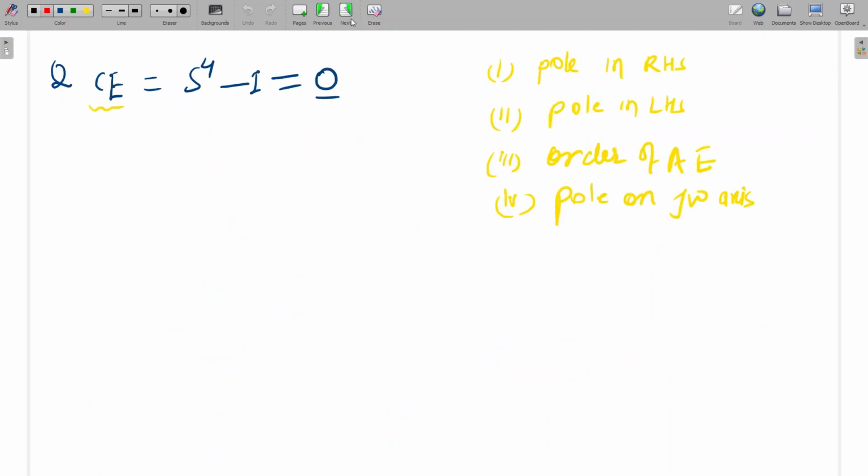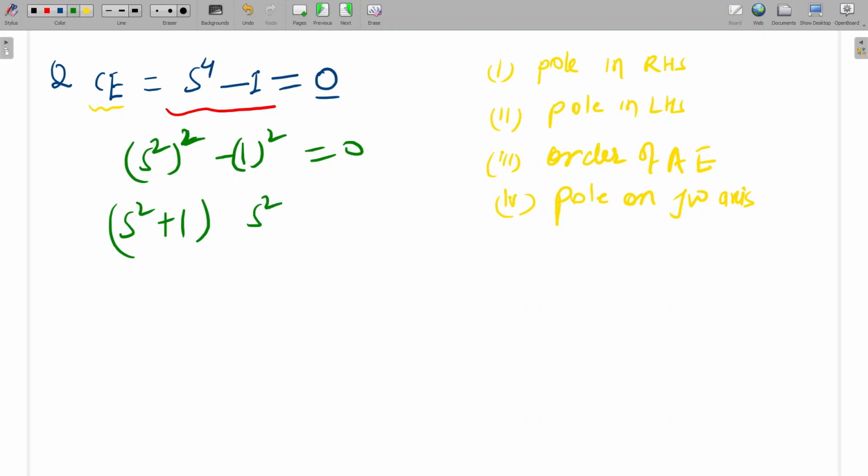Now see, here one question is there, s to the power 4 is given. So directly we can see this: (s square whole square minus 1 whole square) is equal to 0, correct? So (s square plus 1)(s square minus 1) is equal to 0.